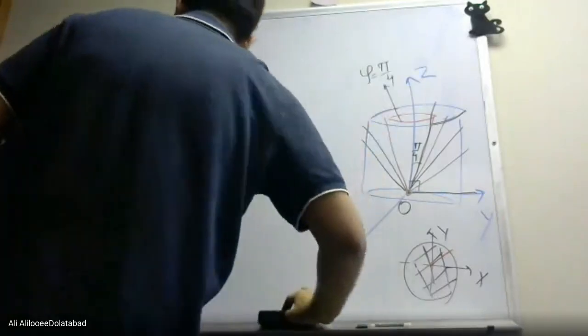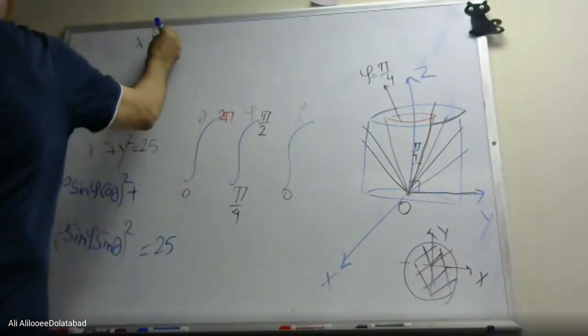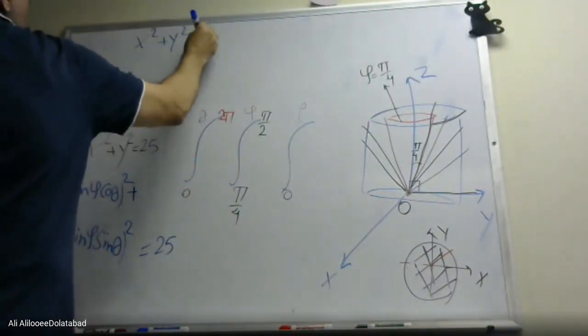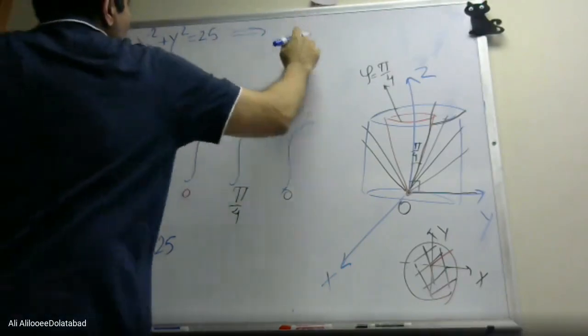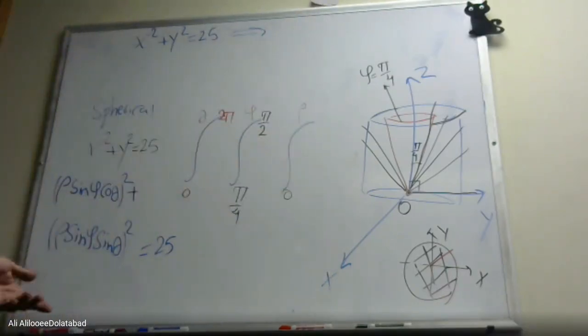So you have this cylinder x squared plus y squared equals 25, and you are converting it into spherical coordinates.